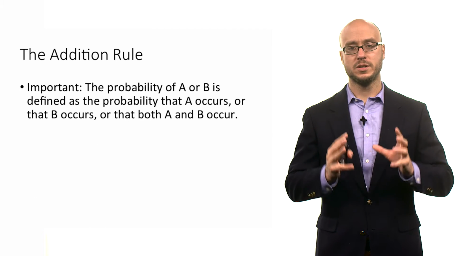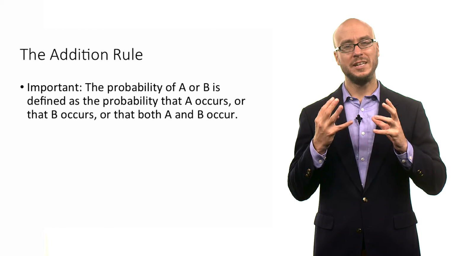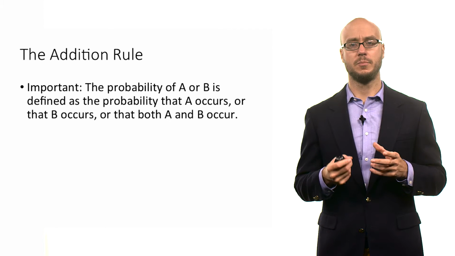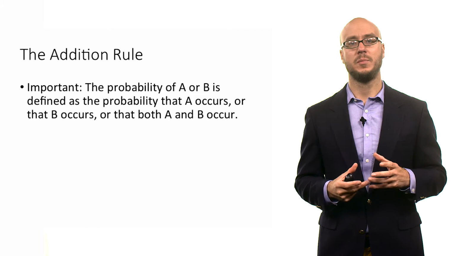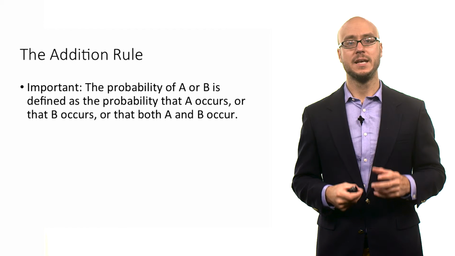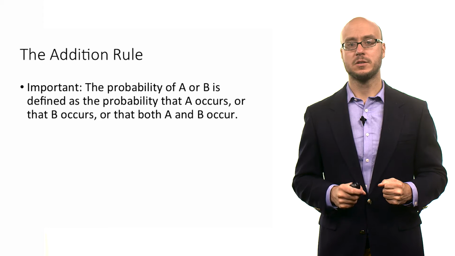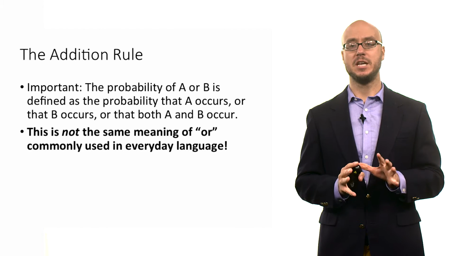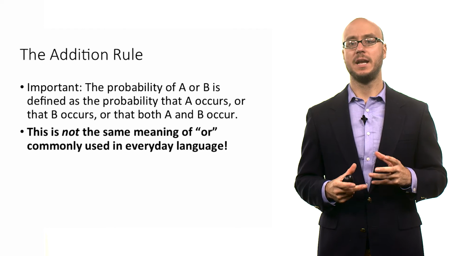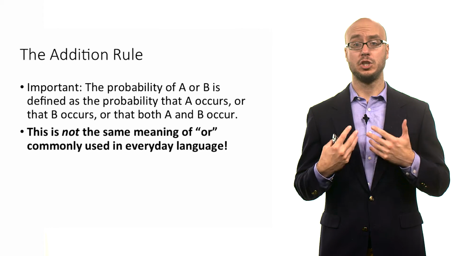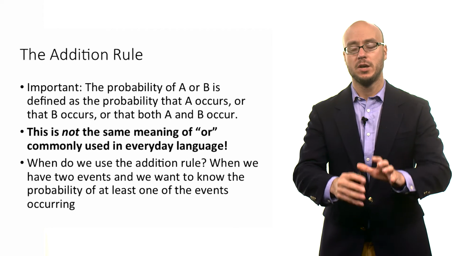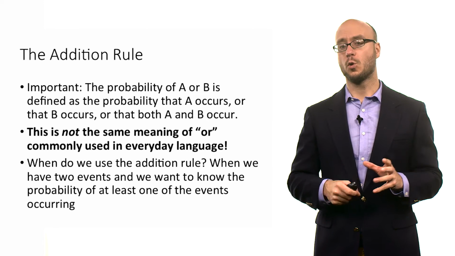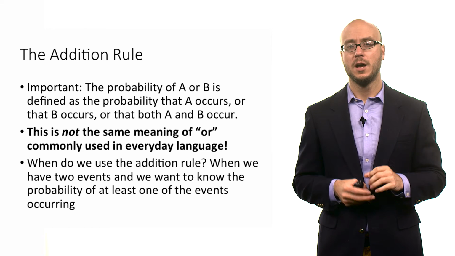Now there's an important caveat when we use the addition rule. When we talk about the probability of A or B, we have a very particular meaning. It's the probability that A occurs, that B occurs, or that both A and B occur. This is not the same meaning of or that people use in everyday language. In everyday language, you might say to a friend, are you going to the gym or are you going to the grocery store?